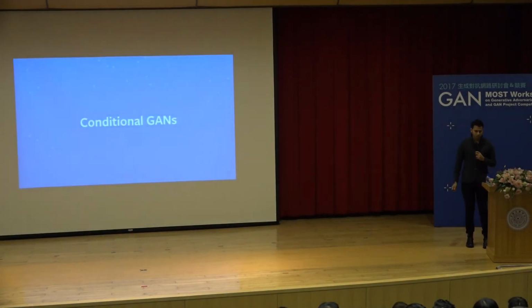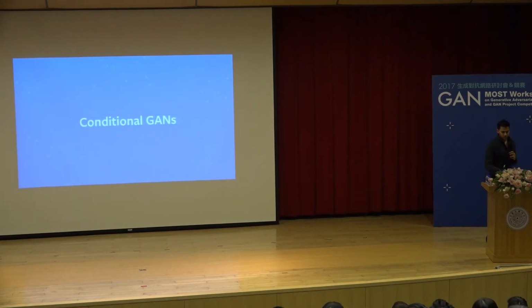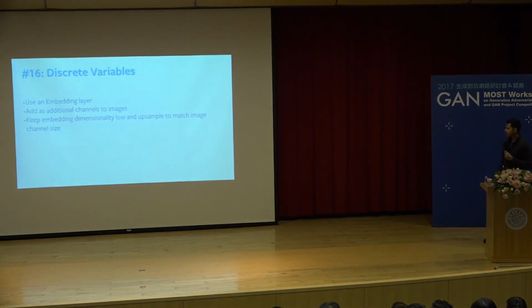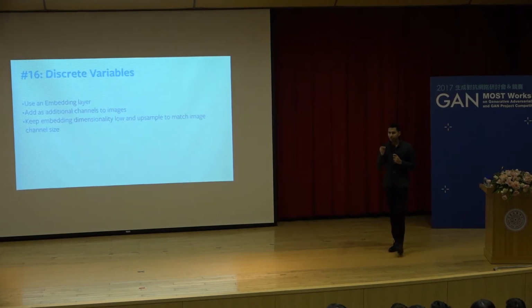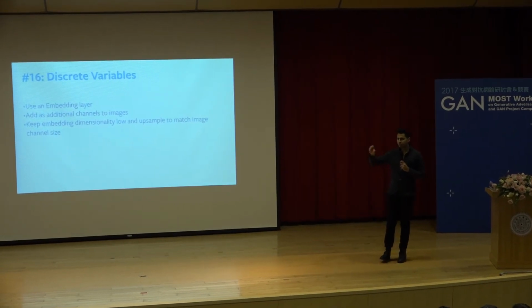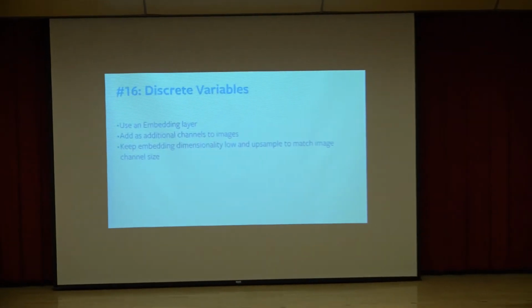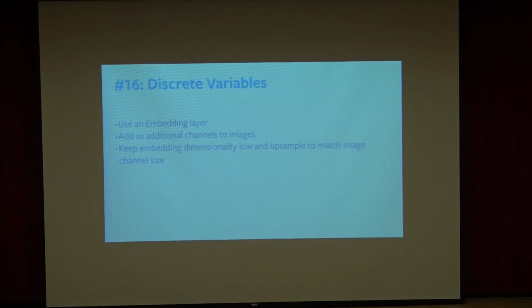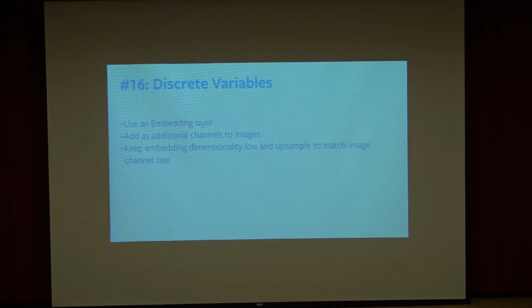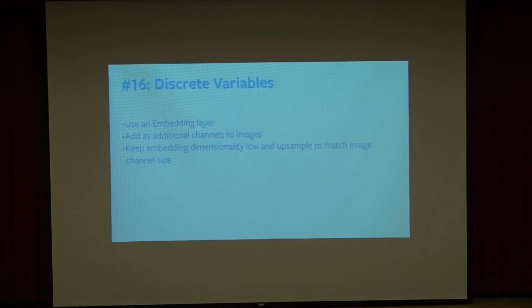Conditional GANs. If you're doing conditional GANs, here's one trick. If you have discrete conditional variables, like I want to generate a cat or a dog or a boat or something, if you have some kind of categorical inputs, then learn some embeddings for those inputs. That is, the categorical input directly comes into an embedding.